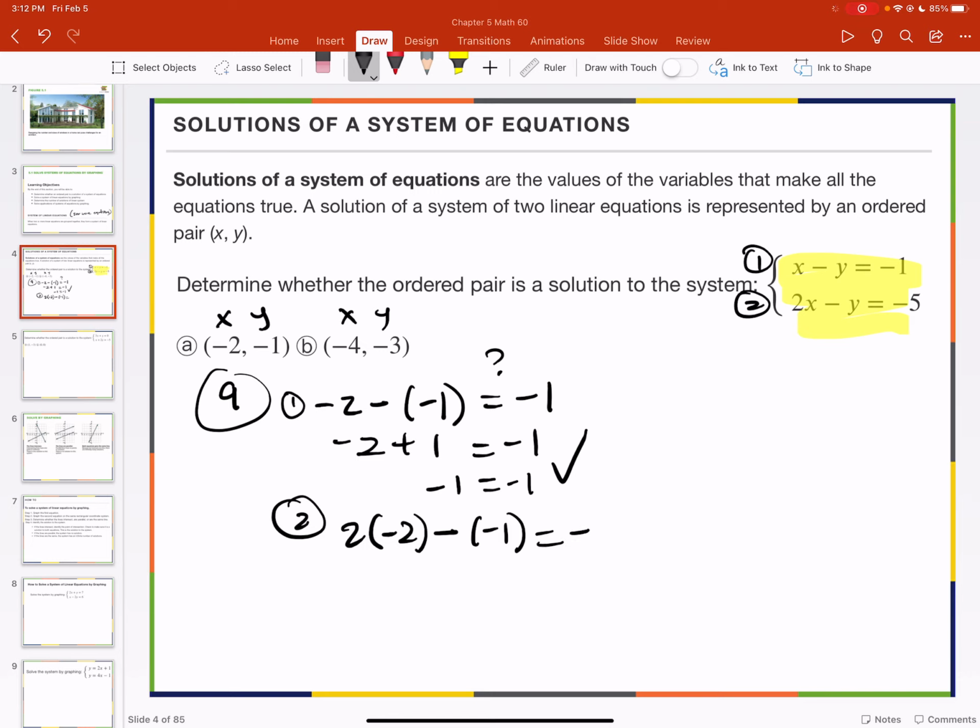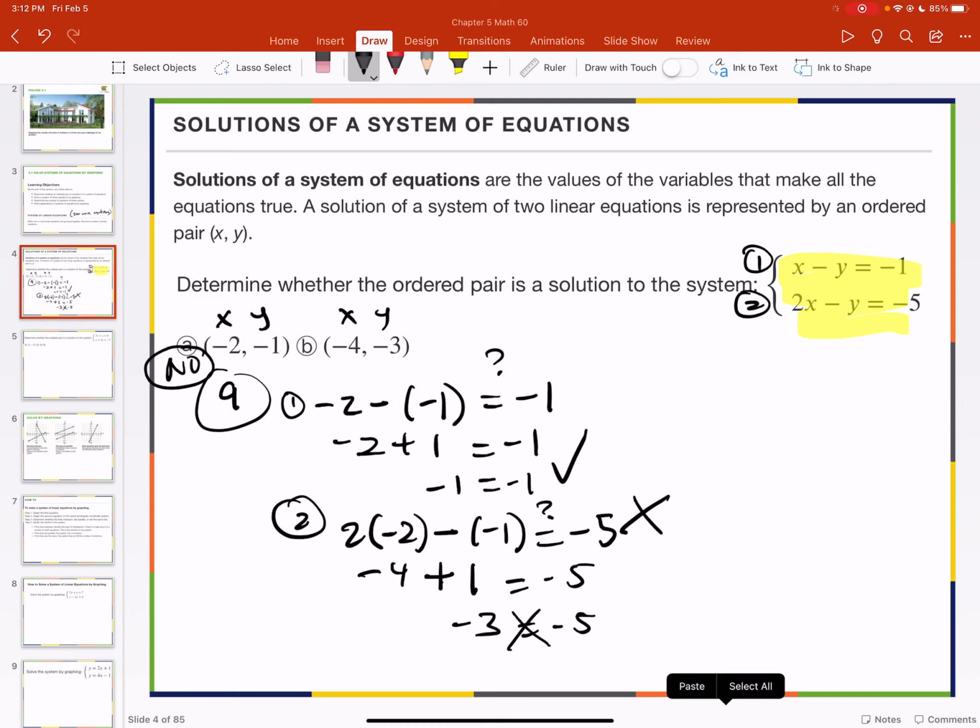Is that equal to -5? This becomes -4, this becomes +1. So does -3 equal -5? No, it does not. So this is not a solution. So A is no, because it has to fit both. It has to make both equations true.